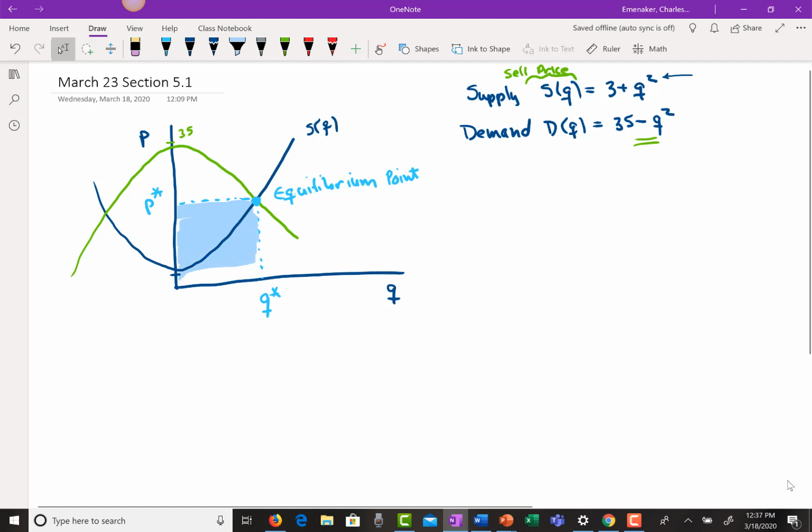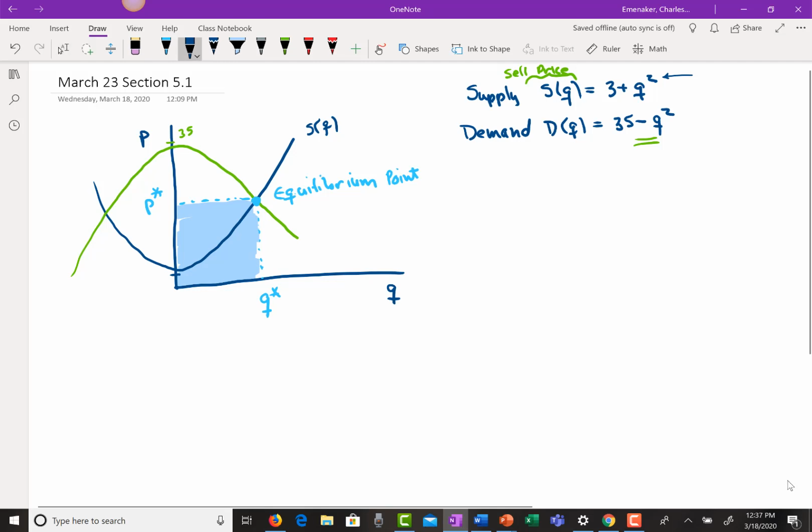The area of this rectangle is very straightforward to compute. It's going to be P star times Q star, or Q star times P star, either way. If you think about this for a minute, you'll quickly realize that this shaded blue box represents the total revenue.